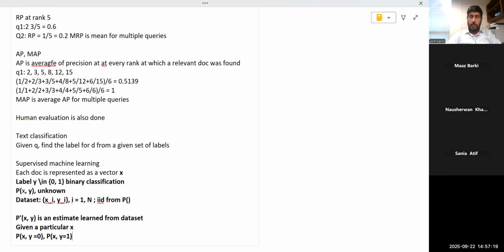Based on probability theory, the one which is higher. So if this is 0.3, then of course since there are only two possible values, this would be 0.7. So you would label x as class 1, because this is the most probable label for this observation x.